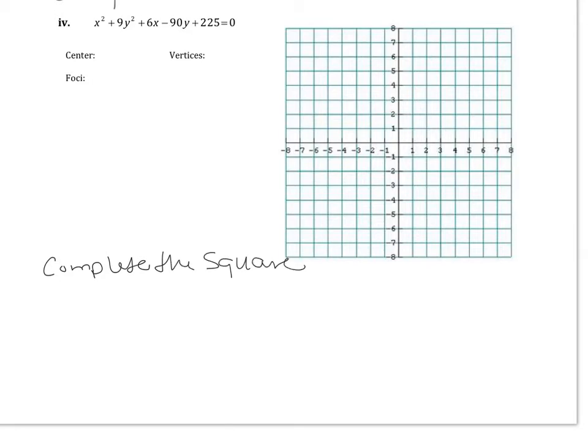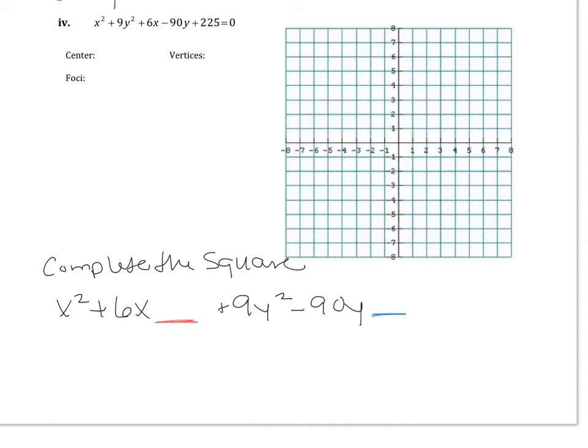First, I am going to rearrange so that I have my x's together and my y's together, and then I have all my numbers on the other side. So I've got x squared plus 6x, and then I'm going to leave a little space here. And then I have plus 9y squared minus 90y.